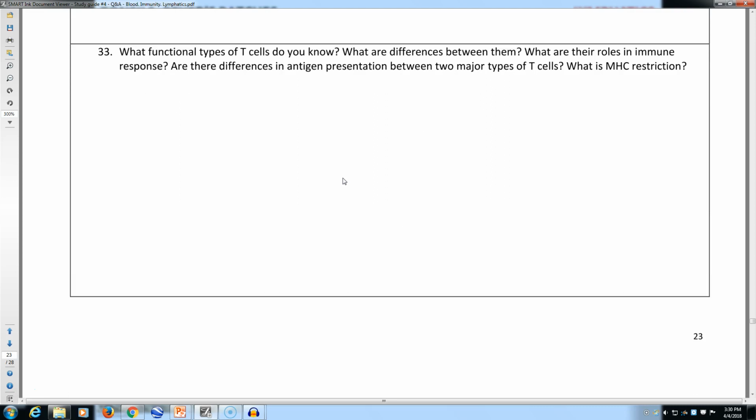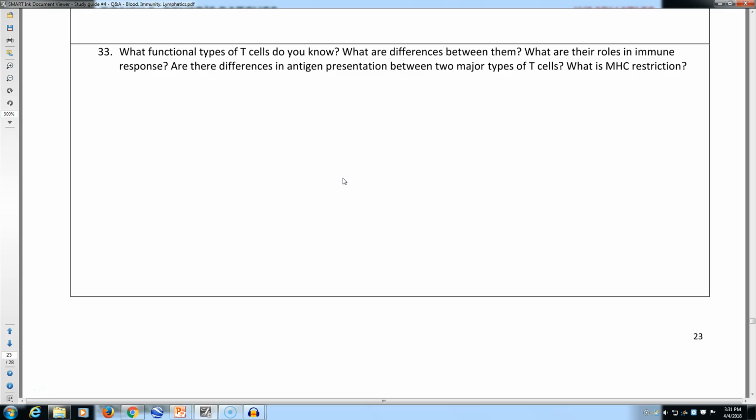Functional types of T cells. The ones you should be absolutely familiar with. T helper cells and what they do: they help B cells to produce antibodies. They activate macrophages. They help to activate cytotoxic lymphocytes.